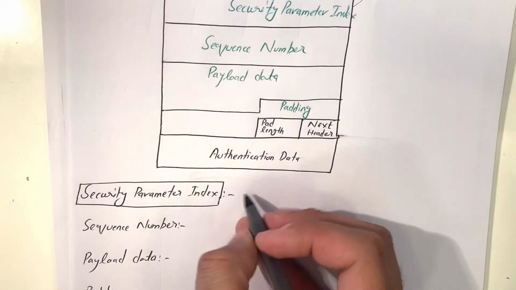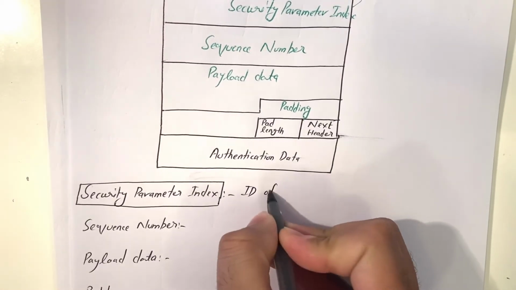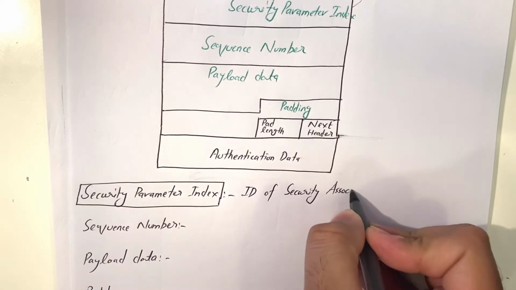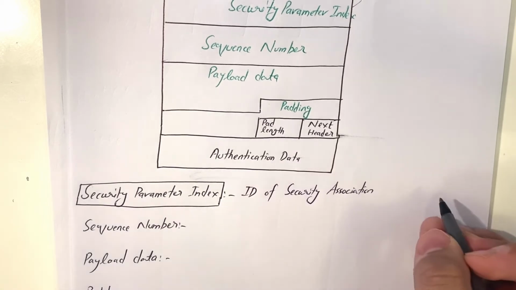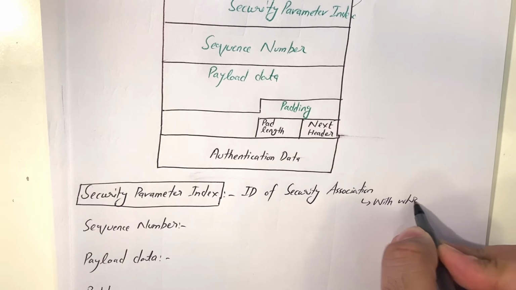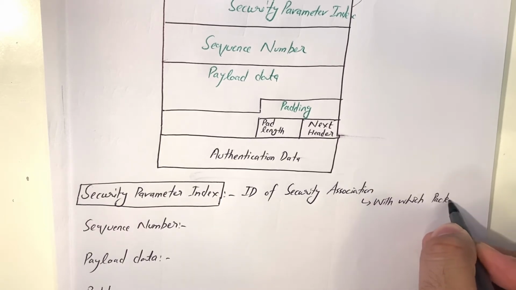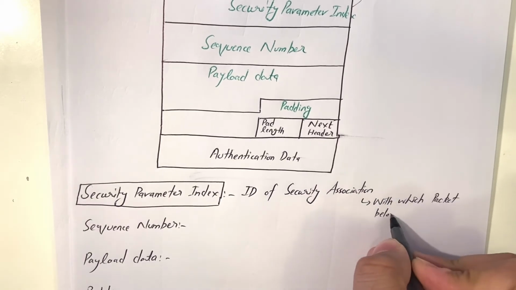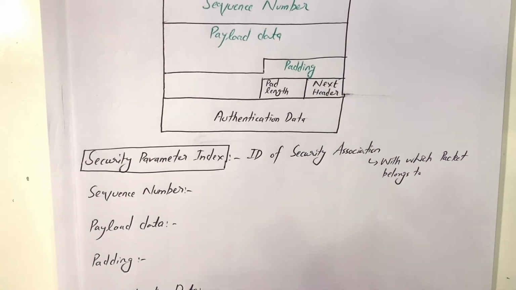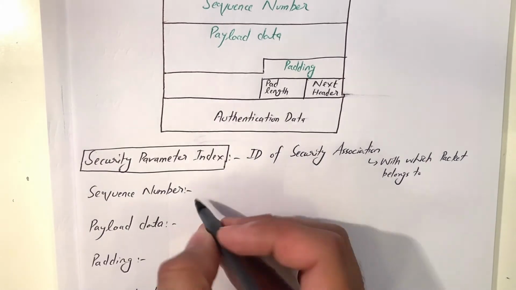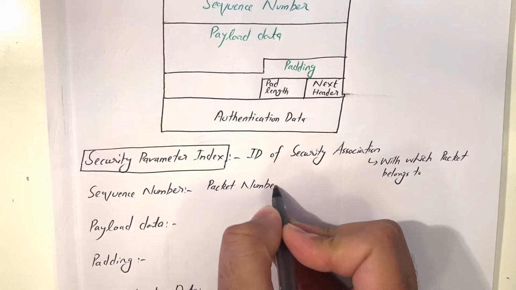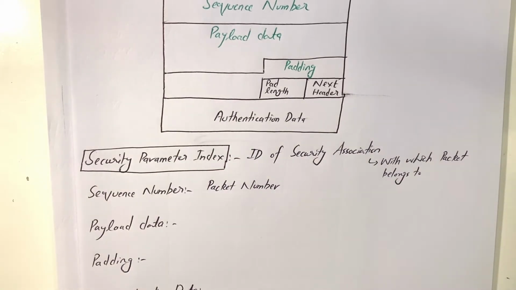It's basically the ID of the security association to which this particular packet belongs. Next, the sequence number, the same thing that we already talked about. It's basically the packet number. It defines the packet number for which we are providing this confidentiality.